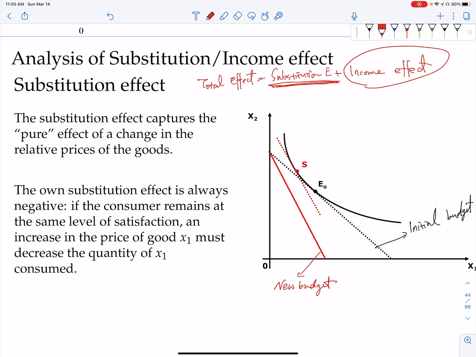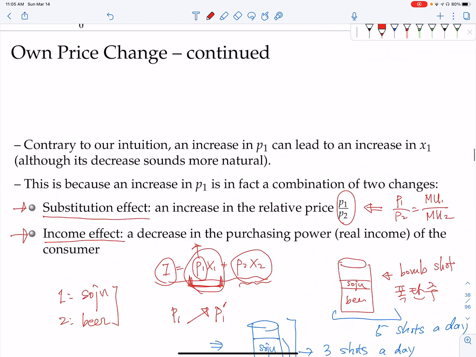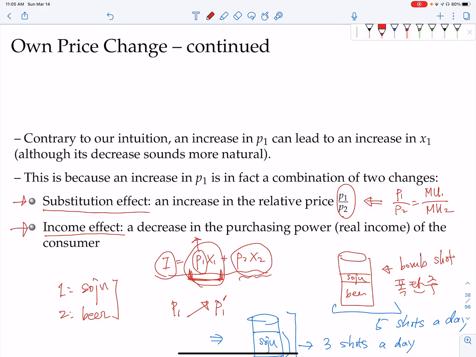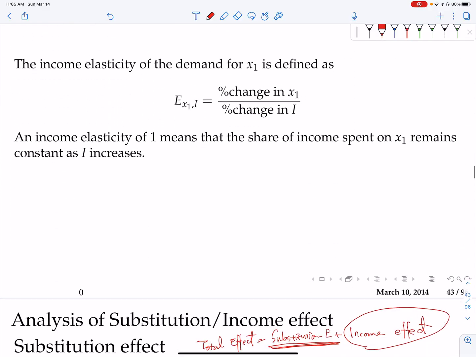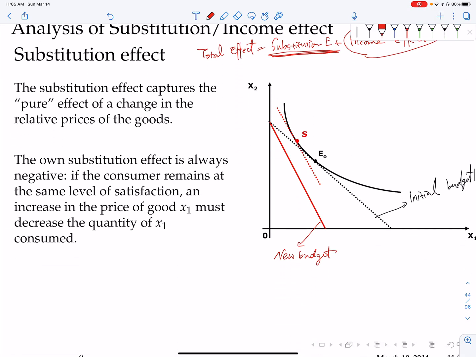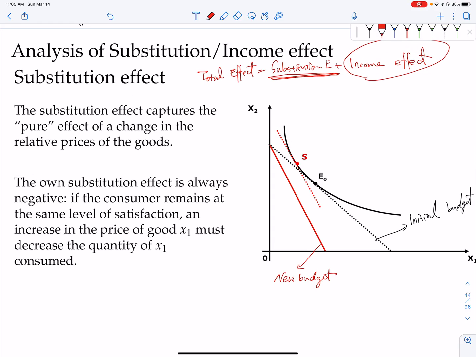So what is the income effect? In the previous page, I explained that the income effect is a decrease in the purchasing power. So when I look at the substitution effect, I should draw it such that there is no change in the purchasing power. What does that mean?